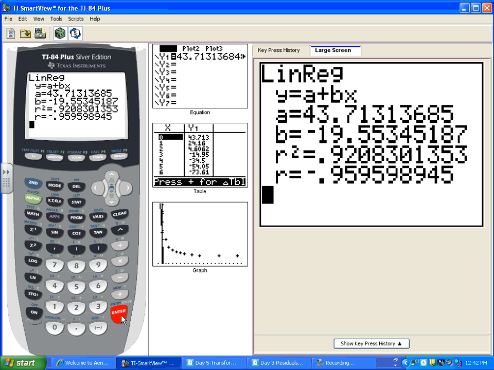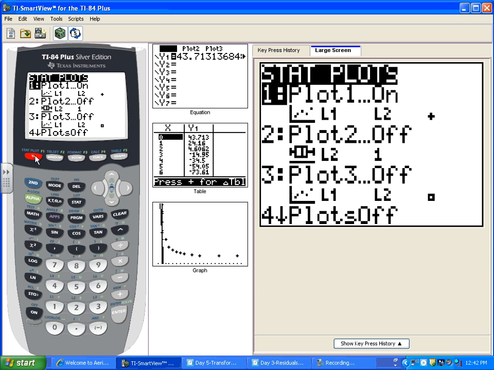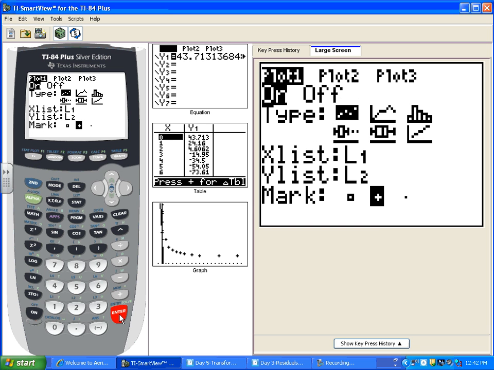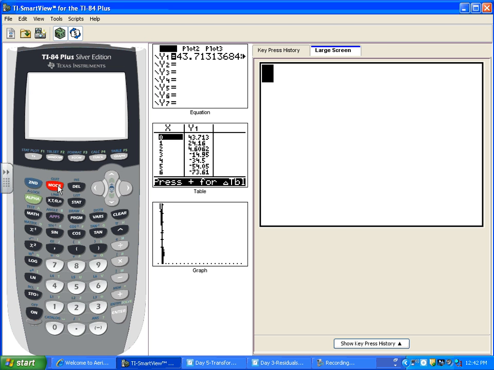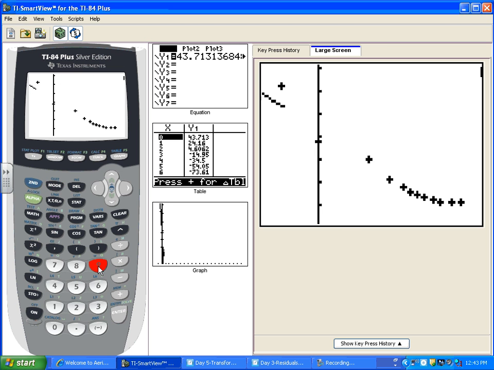I need to zoom stat, right? No. I need to change my scatter plot, because my x list is where? List 3. And now, zoom stat.